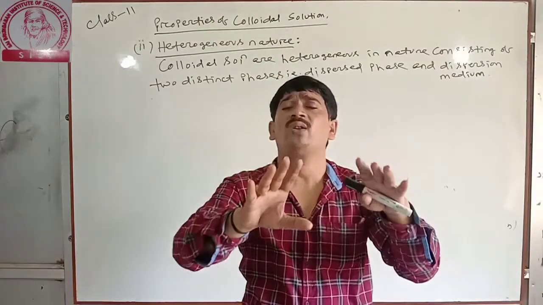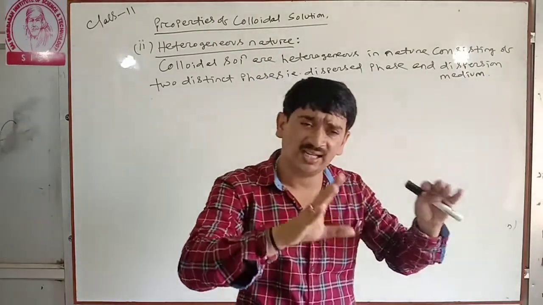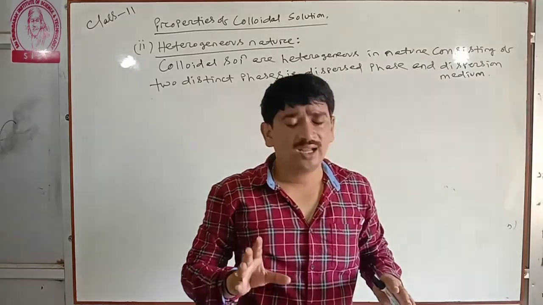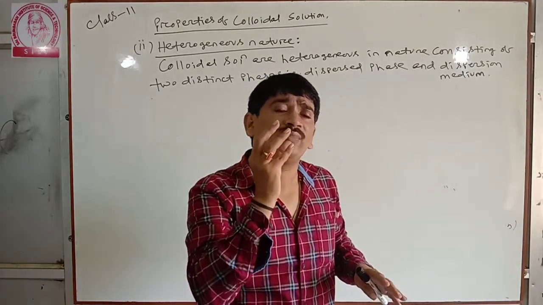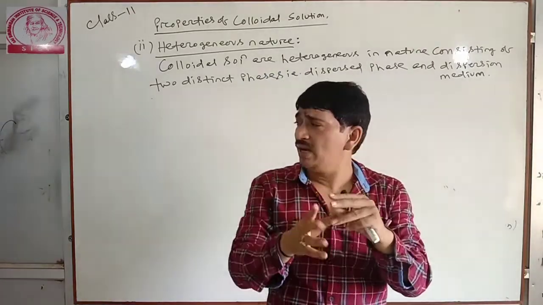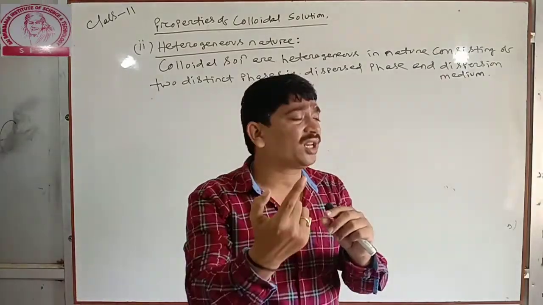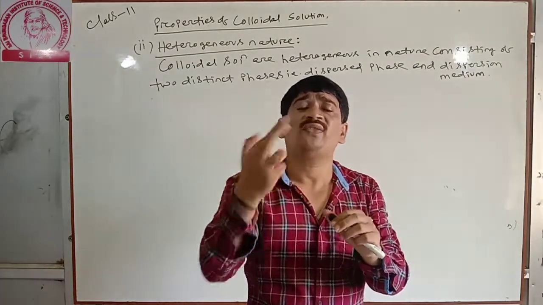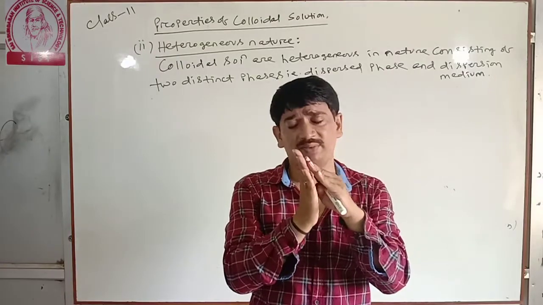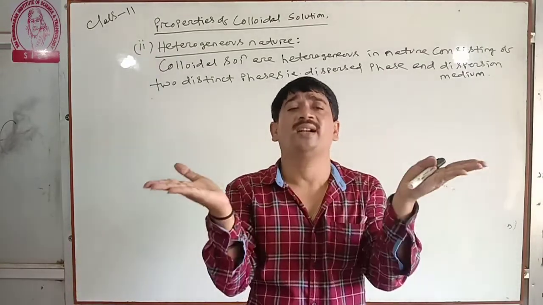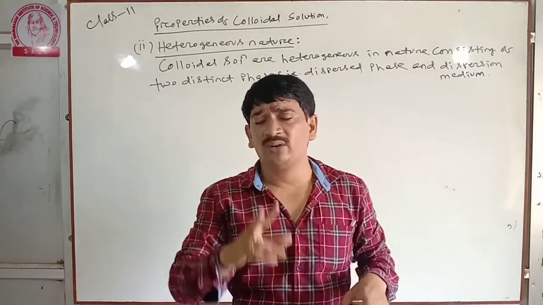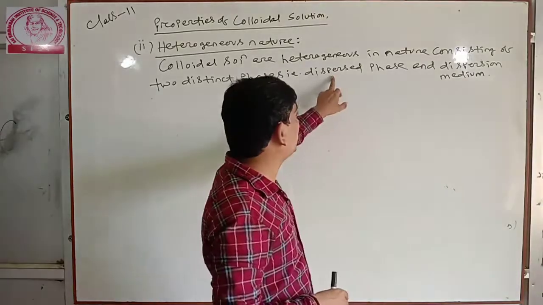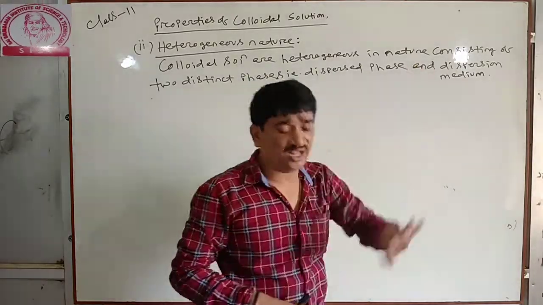Colloidal solutions are heterogeneous in nature, since a colloidal solution consists of two distinct phases. What are the two distinct phases? That is dispersed phase and dispersion medium.